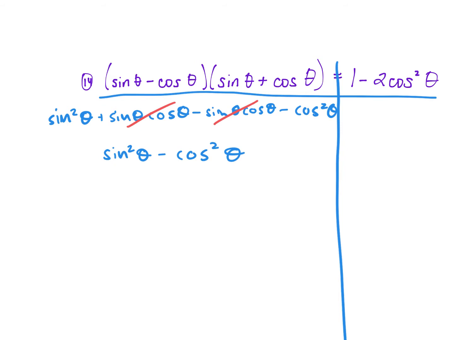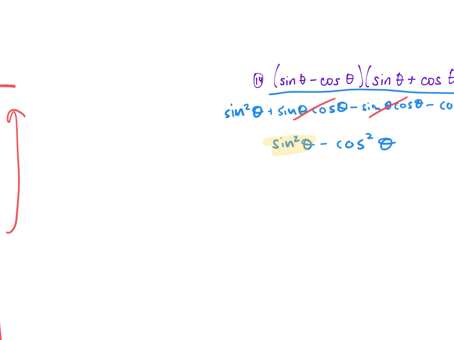But looking at my answer, my goal is to get everything in terms of cosine. So that kind of gives me a hint that I'm going to want to change sine squared to be cosine. So I can use my identity here. I have sine squared plus cosine squared equals 1. So sine squared would be equal to, I'm going to move the cosine squared to the other side. So sine squared is equal to 1 minus cosine squared.